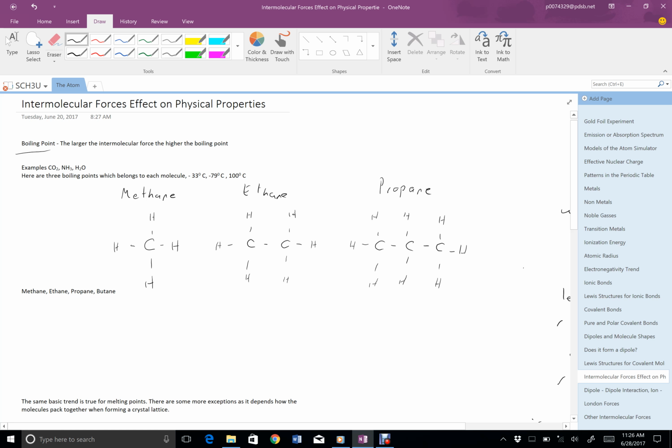So how are we going to tell whose intermolecular force is the strongest here? Hold on, I'll just finish butane here. So the rule for organic materials, or materials that have no dipole, is that the larger the molecule, the higher the intermolecular force.